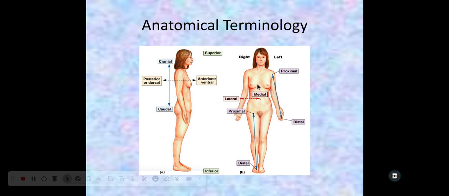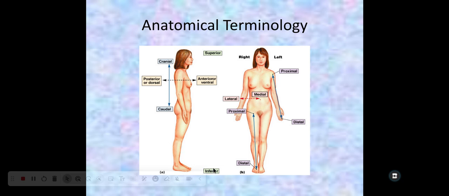You also have your regions that we talked about again in the lecture. Anterior and ventral, meaning the same as far as the human body is concerned. Posterior and dorsal, cranial versus caudal. Cranial toward the head, caudal toward the feet.